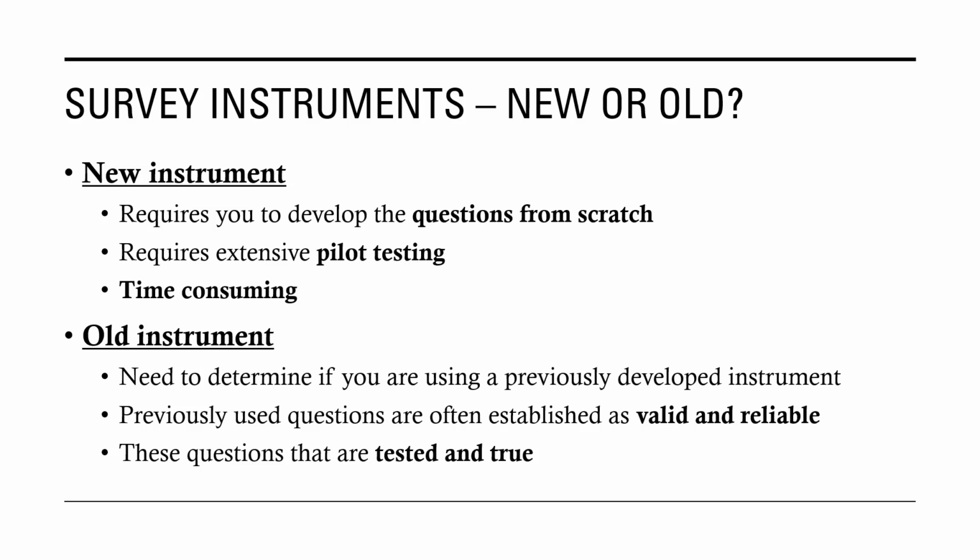One of the benefits of this approach is that these previously used questions have been established as being valid and reliable, or those are some of the qualities that you would be looking for in an older existing instrument. And basically what this means is that the questions are tested and true. They've been found to be accurate and consistent.